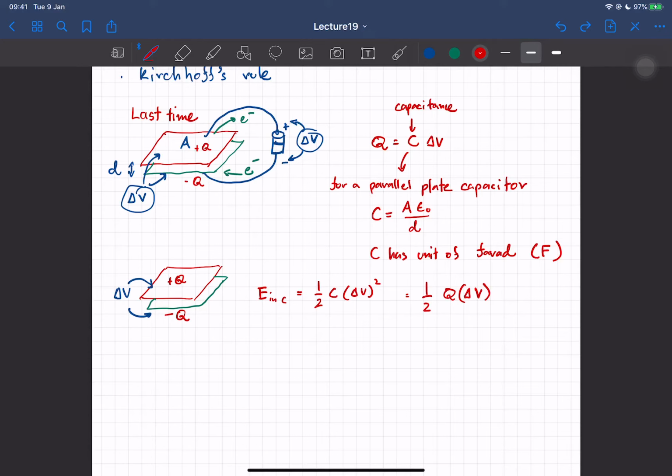So this is when a thing called a dielectric comes in. So what is a dielectric? A dielectric is an insulator.